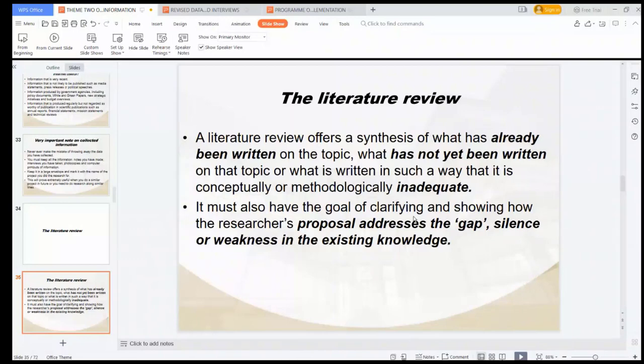This has been researched, but there is a gap. And the justification for conducting a research is the reason to close a specific gap. And that gap should be evident during literature review. So that's why they say the proposal should indicate the extent to which it addresses the gap that is there in the body of knowledge. So that is the purpose of literature review.